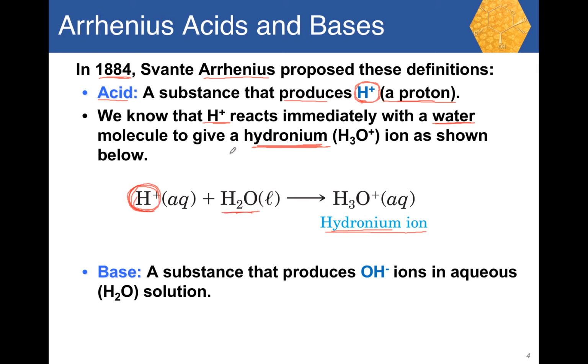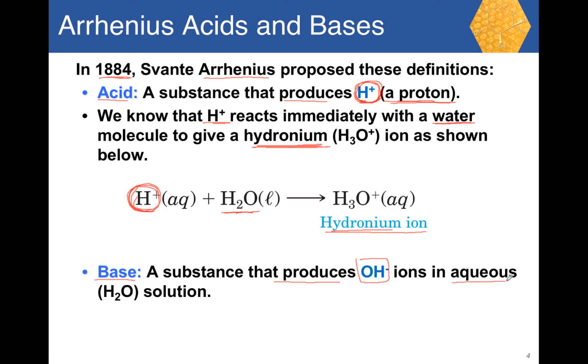But the bottom line is, the definition of an acid is a substance that produces H+, or another term for H+, proton. A base, on the other hand, he defined as any substance that produces the hydroxide ion, OH minus.